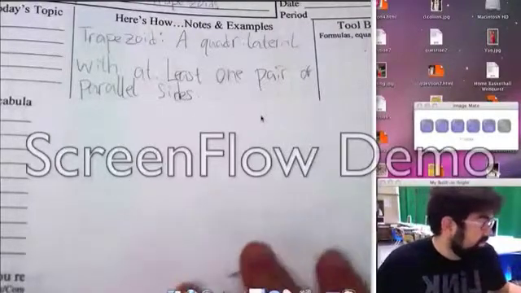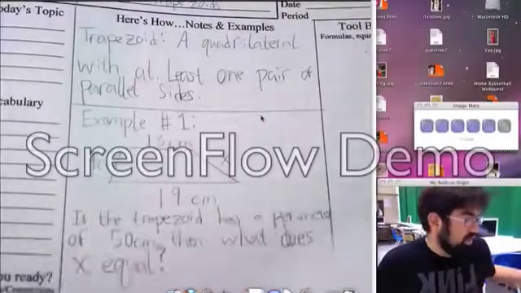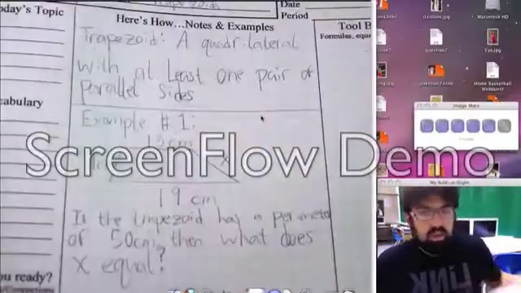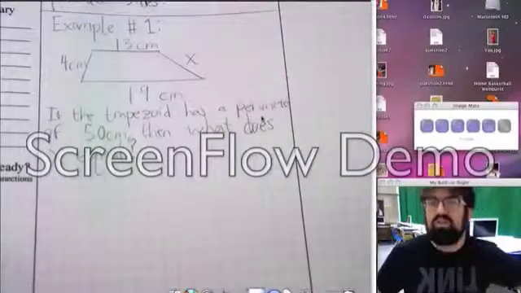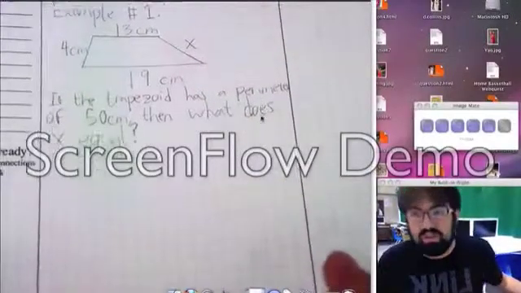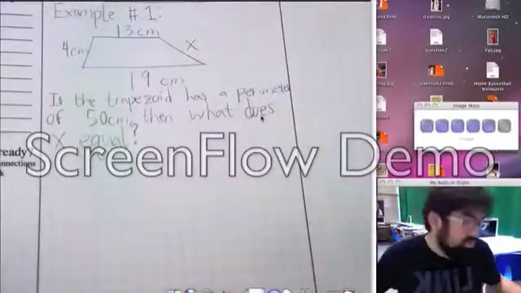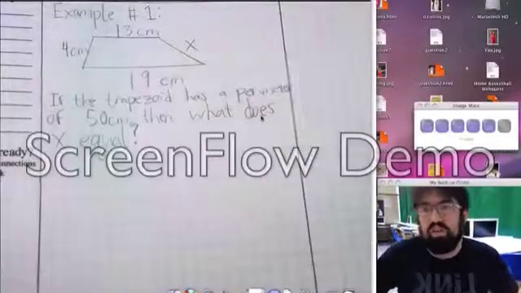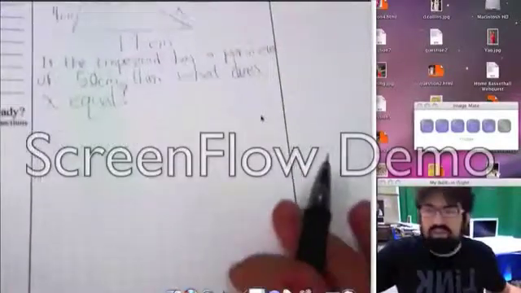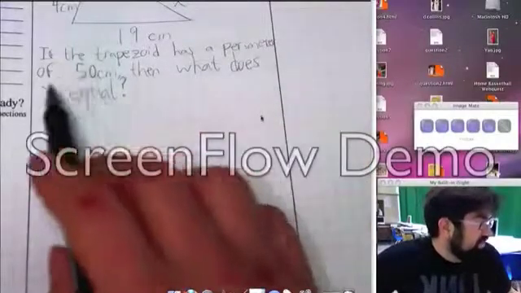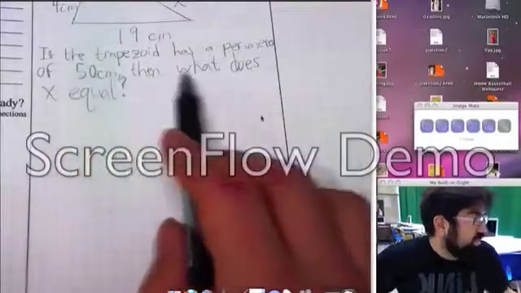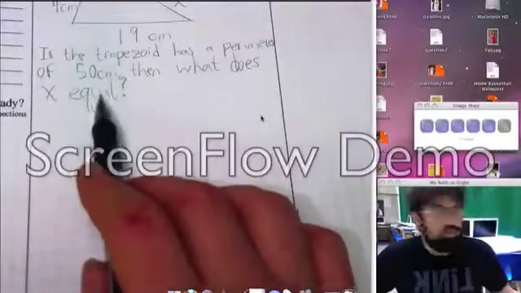Okay, here we go. Example number 1. We know how to find a perimeter of something. We just count and add the sides together. We're going to use the perimeter, not find it. So let's read our question. If the trapezoid has a perimeter of 50 centimeters, then what does x equal?